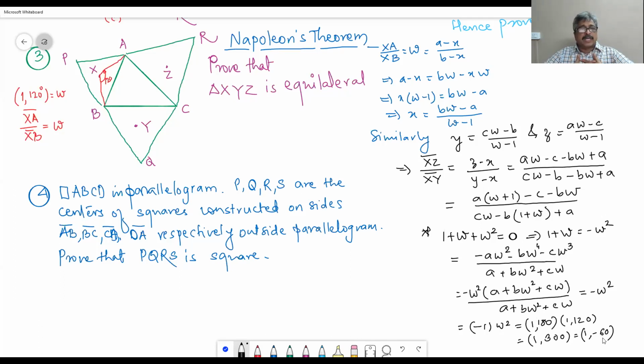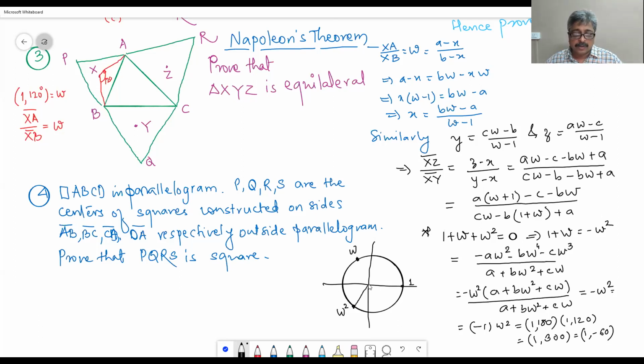XY becomes XZ. That is where I have made a mistake. It is XY becomes XZ. So it is clockwise 60-degree. Therefore, we have minus omega. I think we can get minus omega here itself. This is omega. This is omega square. This is 1.